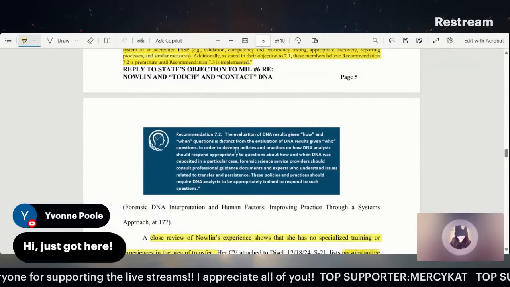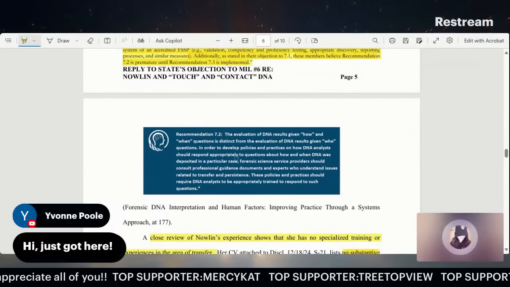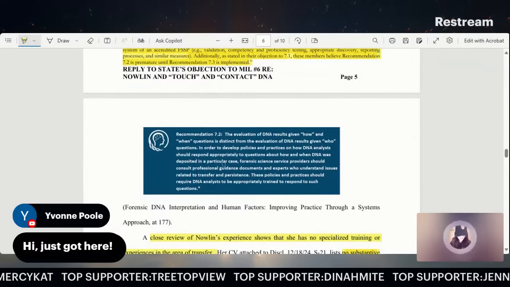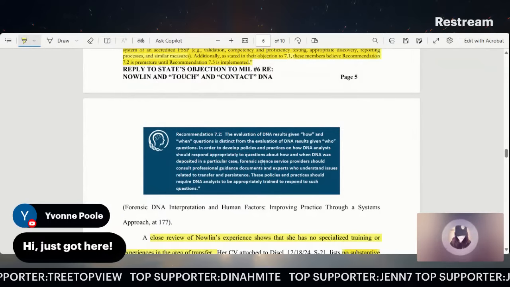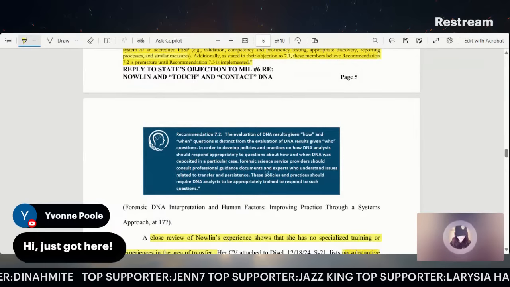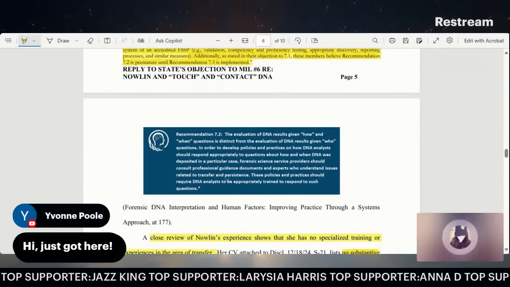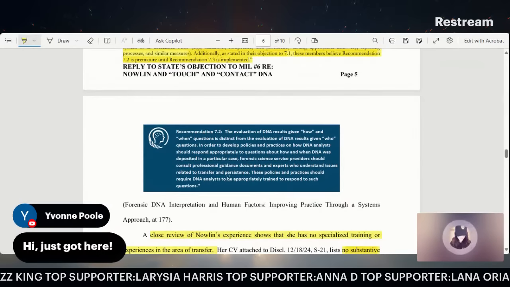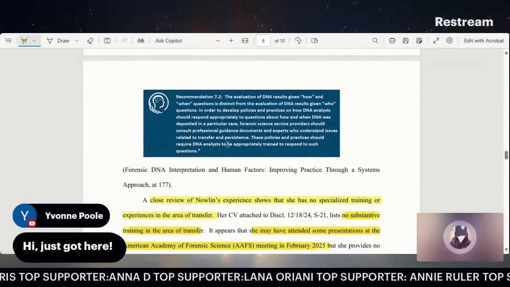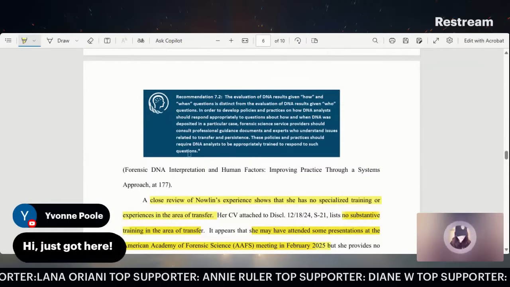In order to develop policies and practices on how DNA analysts should respond appropriately to questions about how and when DNA was deposited in a particular case, forensic science service providers should consult professional guidance, documents, and experts who understand issues related to transfer and persistence. These policies and practices should require DNA analysts to be appropriately trained to respond to such questions.